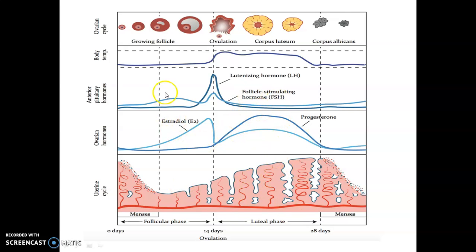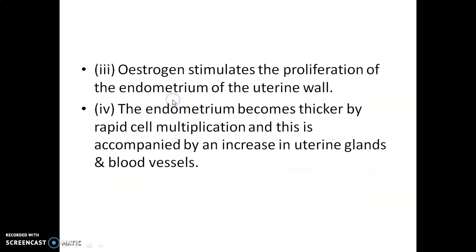Can you see it? Elevated level of FSH here. The line in light blue is FSH, and in dark blue is LH.